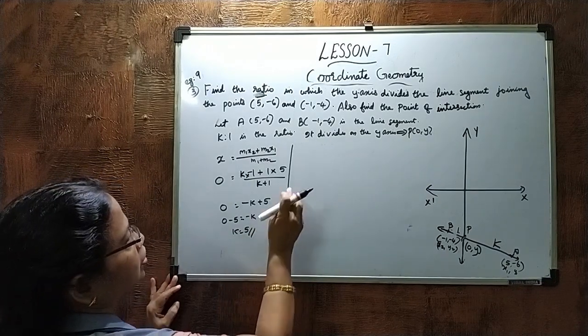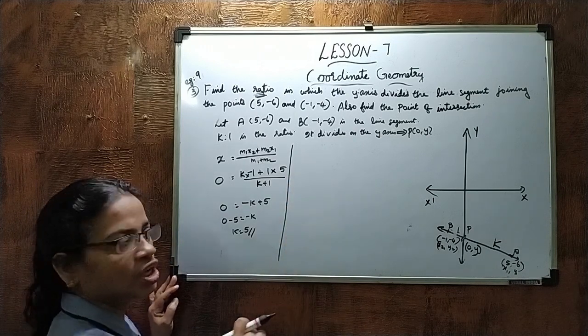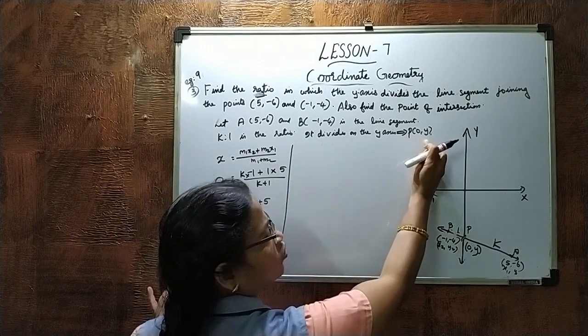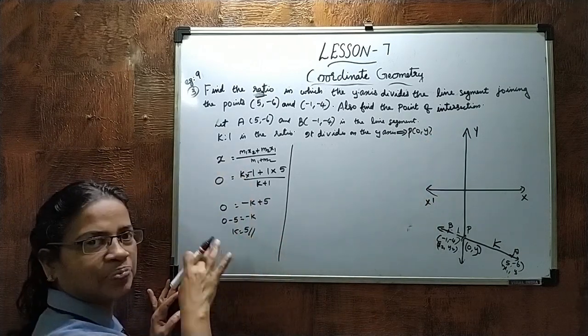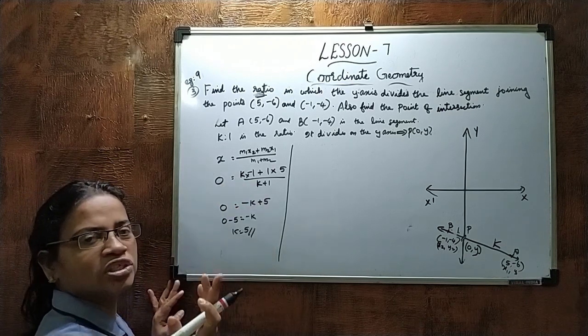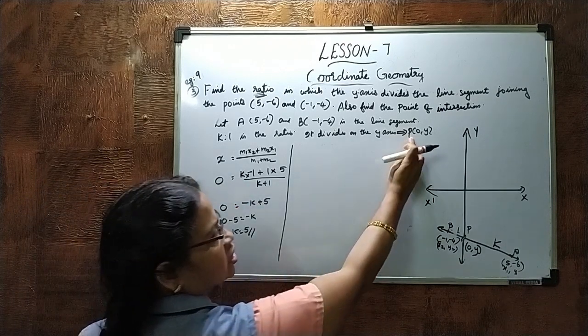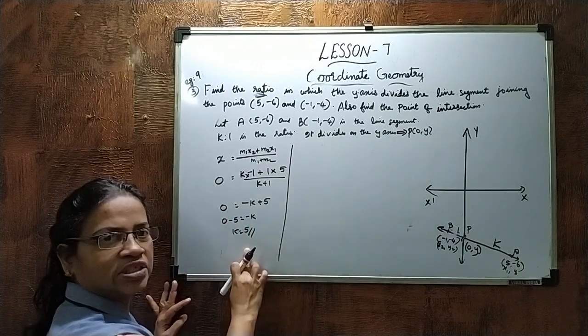Now look, in the last problem we took the y coordinate also. But here there is no value for the y coordinate. So no need to do this step again with y, it will be complicated because there is no value for y. We got the x coordinate as 0, that is why we substituted here, and we got k is equal to 5.